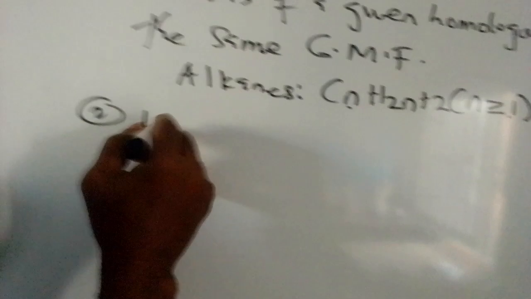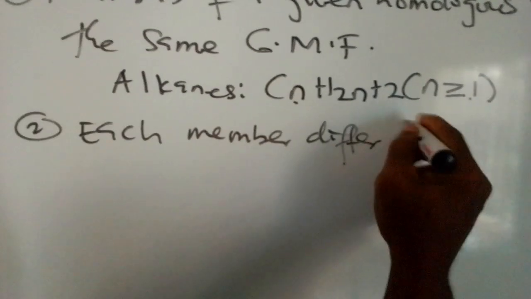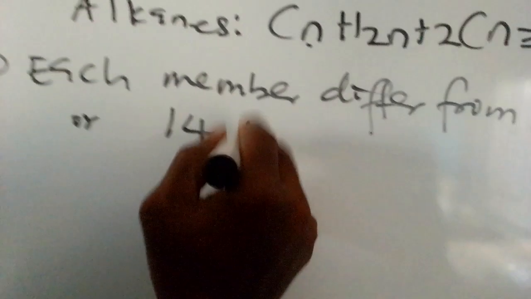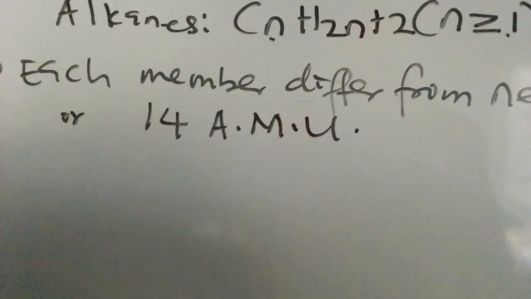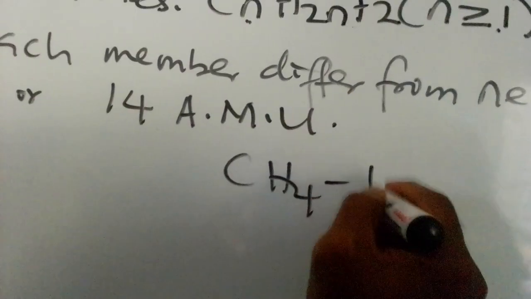Number 2, each member differs from the next by CH2 or 14 atomic mass units. For instance, in the alkane family, methane is CH4, that's the first member.